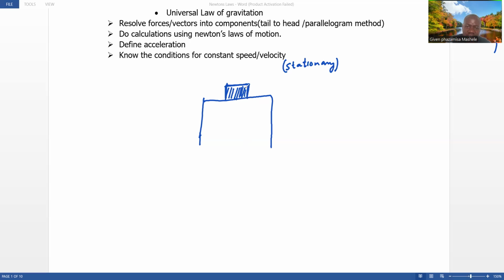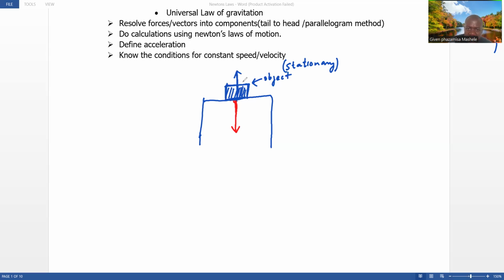There will be a force that the object exerts on the table downwards, and that force, because it's the one that the object is exerting on the table downwards, this will be the force. And also we'll still have another force that the table, or the surface of the table, is exerting on the what? On the object.